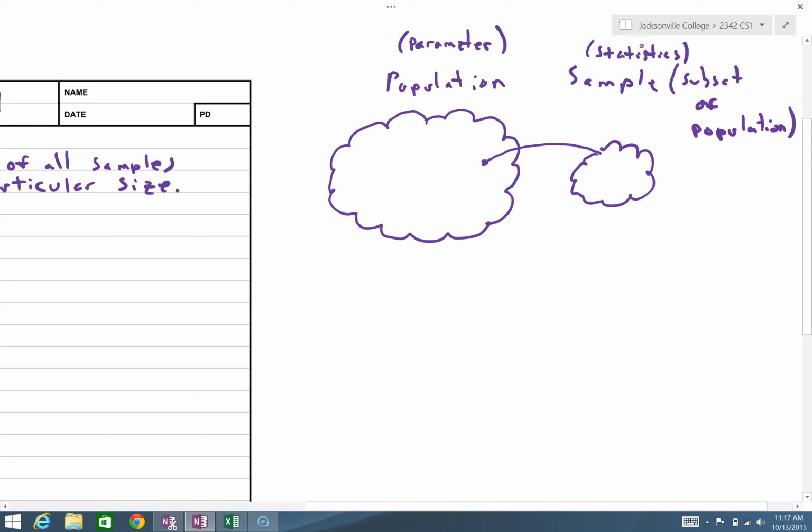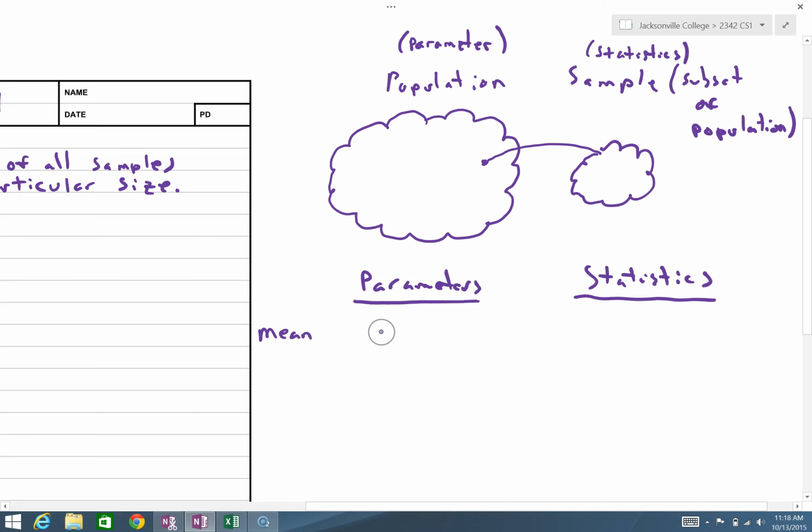Let's look at a couple of examples of parameters and statistics. One particular thing that we describe often is the mean.